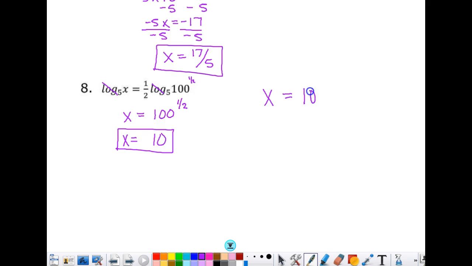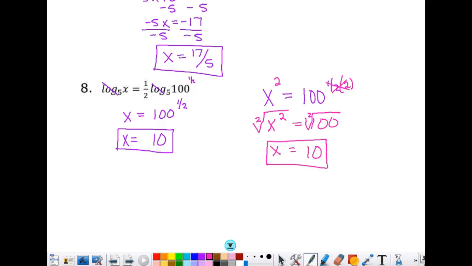If we had x equals 100 to the 1/2, some of you might go, oh, okay, I need to multiply this times 2 to get that to square out. Not times 2, but multiply the power by 2. Raise this to a second power. So then I have x squared equals 100 because all that canceled out. So then I take the square root of this side to get a plain x, take the square root of this side, and I get 10.